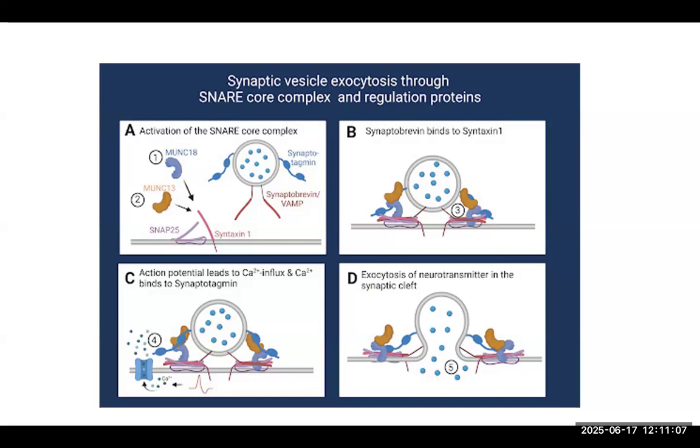So when synaptotagmin senses the calcium, there will be a conformational change such that synaptobrevin binds to this SNAP25 and syntaxin complex. And this is where the priming has happened, and then it goes to the fusion part.